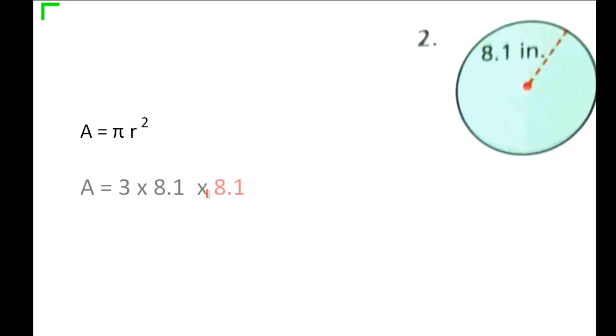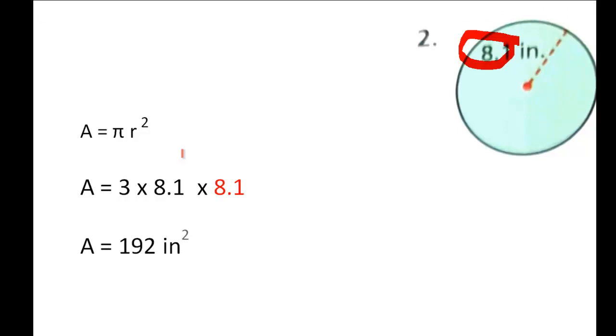So we have here A and r. Pi is 3, r is 8.1, and I will multiply it by itself. So 8.1 multiplies 8.1. So let's multiply the 3 together. 3 multiplied by 8.1 multiplied by 8.1. So it will be 192 inch square.